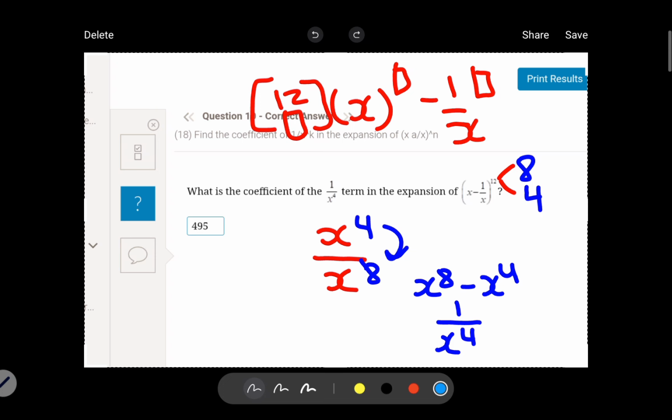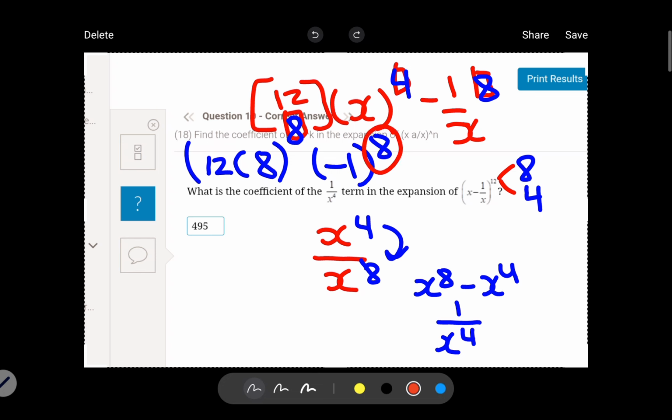And then now you already got 8 for this one and 4 for this one. And then here it will be 8. Okay, then put on your calculator 12C8, and then you don't have to put x to the power of 4, and also (-1) to the power of 8, because this is an even number, it will stay positive.